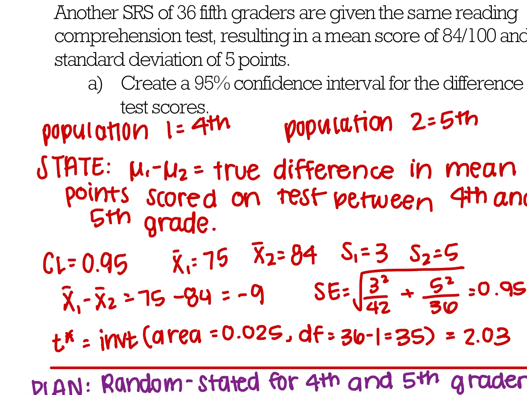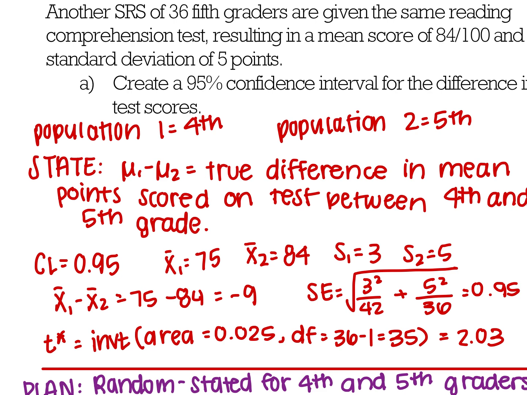Okay, so I'm going to start with our statement. First thing, population 1 is defined as our fourth graders, and population 2 will be our fifth graders. The true difference between the points scored between the fourth and fifth grade is going to be our difference in means, mu1 minus mu2.